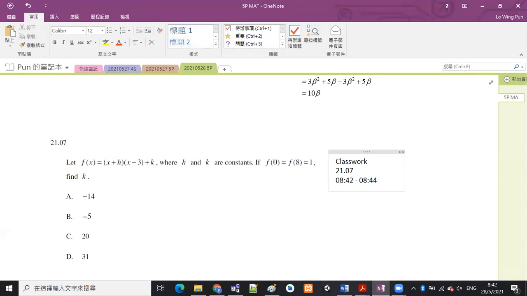This one is actually slightly more difficult, but can you try everything you can do? Okay, so what can you do here? You have a function f(x), and you have a formula, but this time inside the formula there are two unknowns, the h and k. When you have two unknowns, then most probably you need to set up equation 1 and equation 2 to solve the two unknowns, to solve the simultaneous equations.